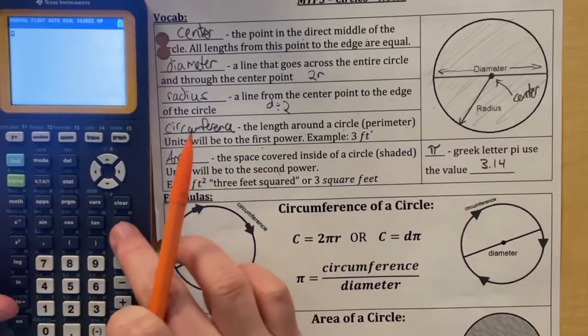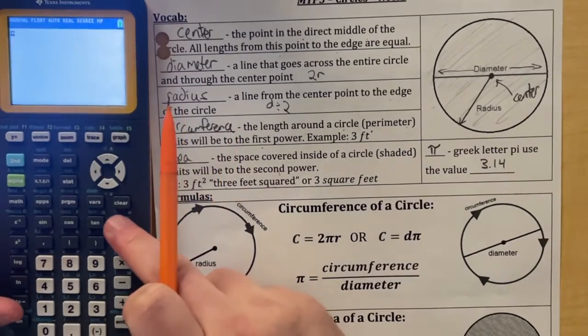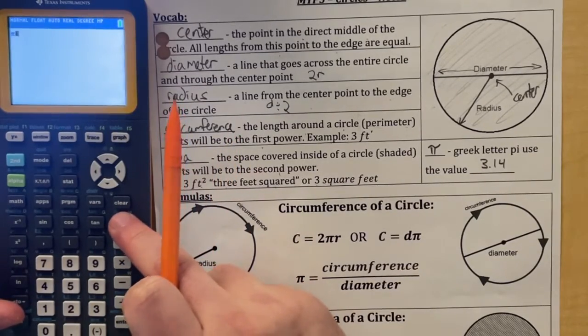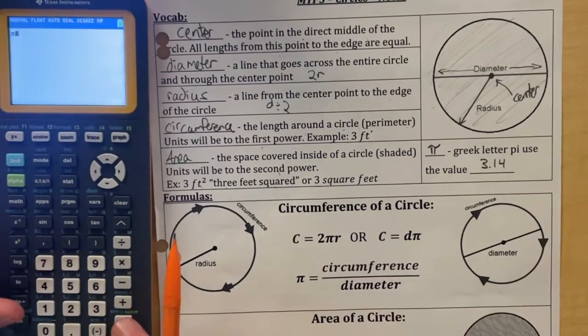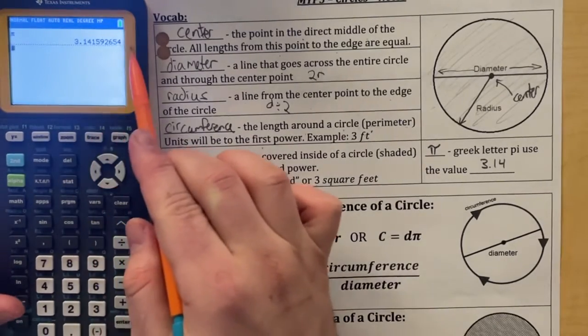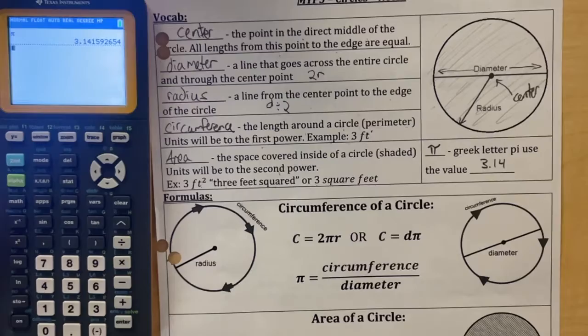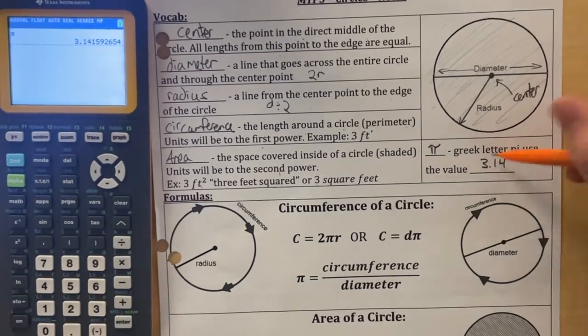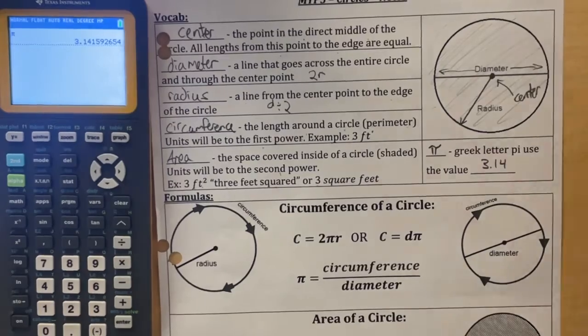That means we use that second button and hit the exponent button. So I hit second and then exponent, and I have that pi value, which gives you a larger value, and that does not repeat and does not end, so it's an irrational number. But for right now, we're going to use this value here.